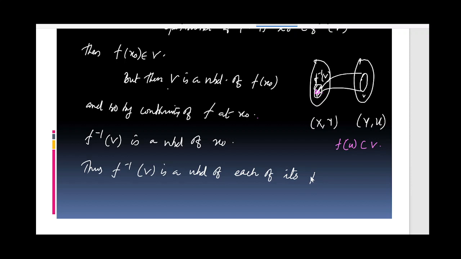Each of its points, right? And so it is an open set in X. Okay, what is happening?